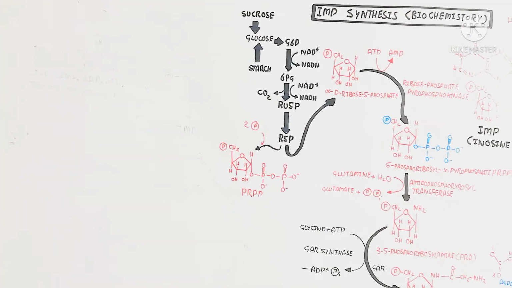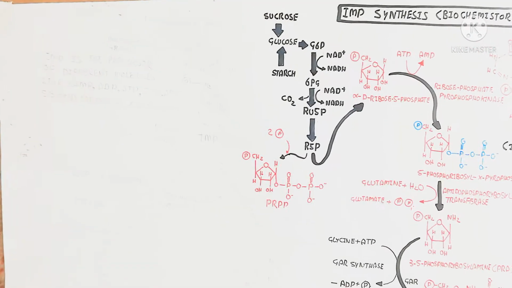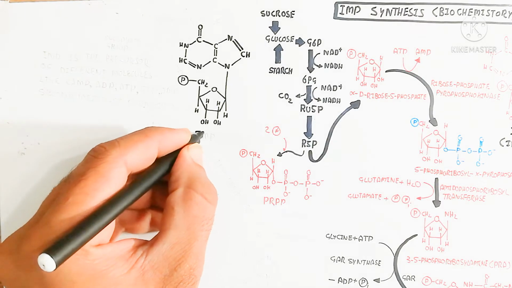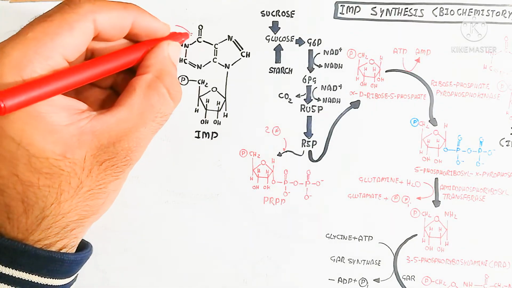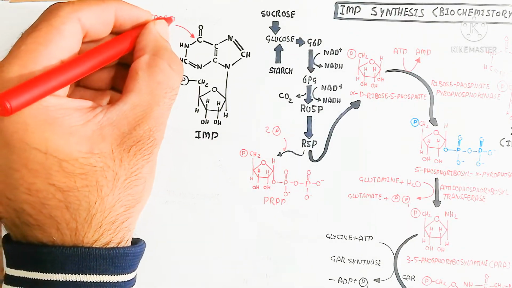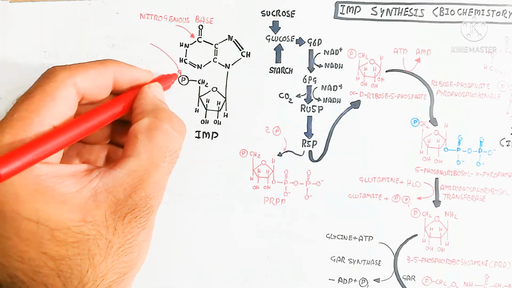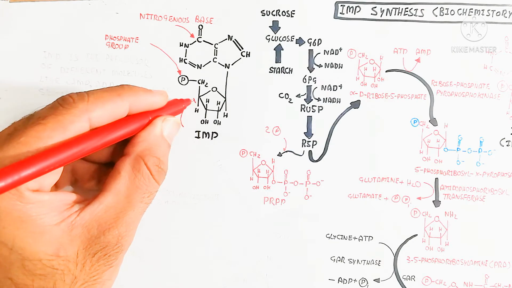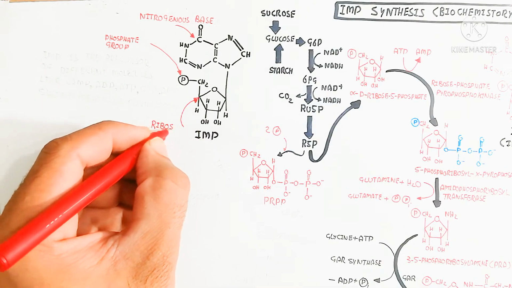I am drawing this inosine monophosphate here again to understand the further process. What is the benefit of the IMP? Here is the nitrogenous base, here is the phosphate group, and this is the ribose sugar.